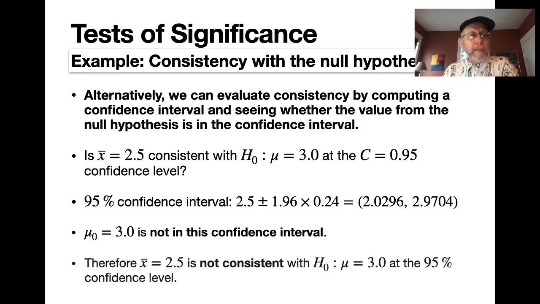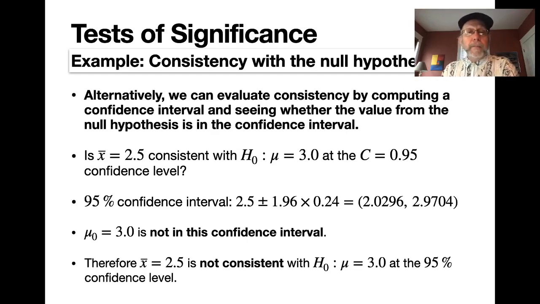So that tells you right there that x bar equal 2.5 is not consistent with the null hypothesis that mu is equal to 3 at the 95% confidence level. And that's simply because mu equal 3 is not in the 95% confidence interval.